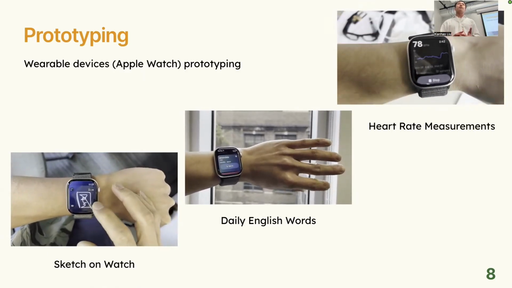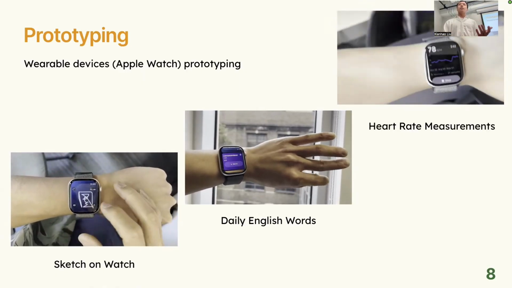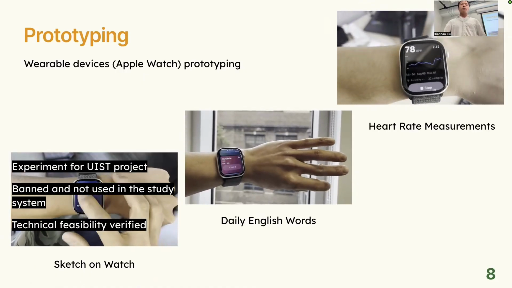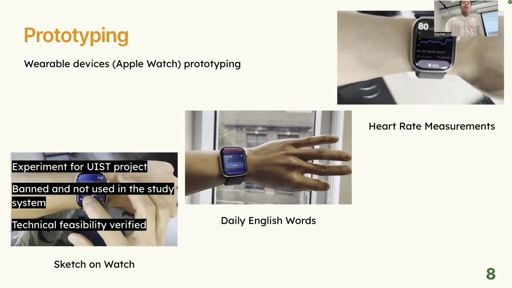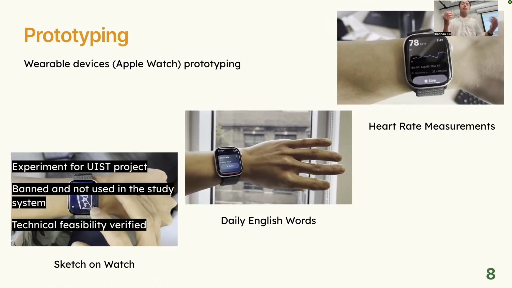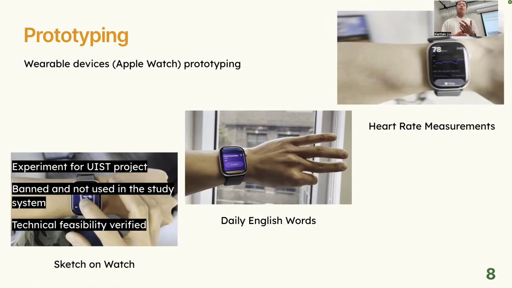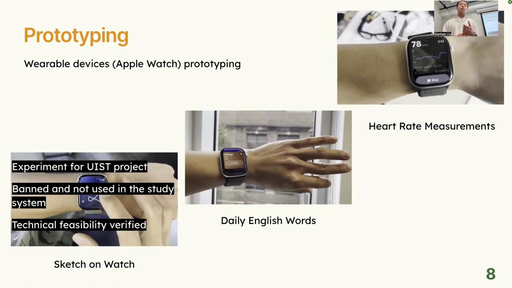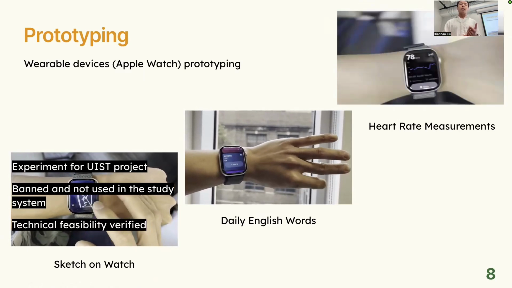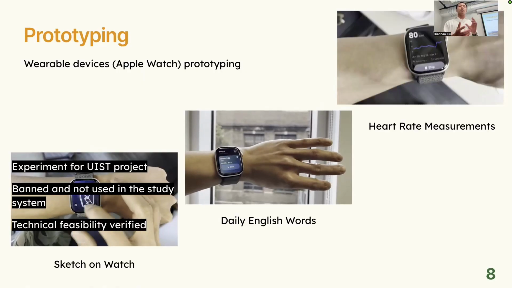So what are the points for all the demos here? I'm going to break them down and talk a little bit more about what's behind. For the first watch, you may think, I don't get the meaning here. What's the point? Why do I want to develop this kind of app just to take your random gesture? Actually, this demo is an experiment for my last paper, the UIST project. If you just consider it as a single demo, maybe it doesn't make too much sense.